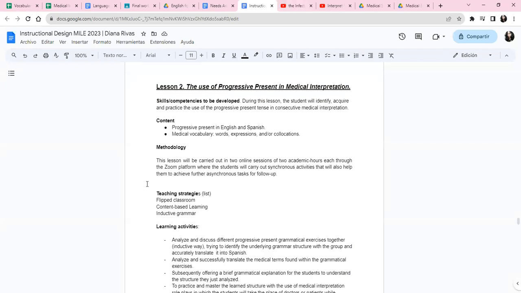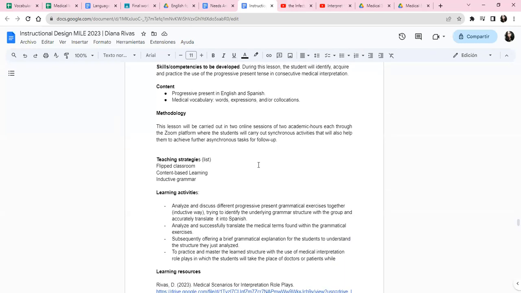For lesson 2, it's going to be a similar situation because we will be using progressive present in medical interpretation.